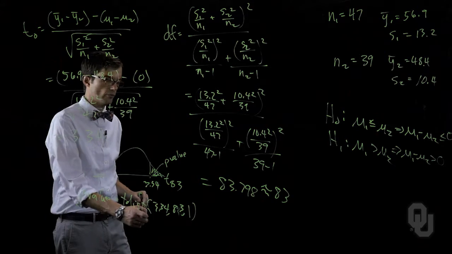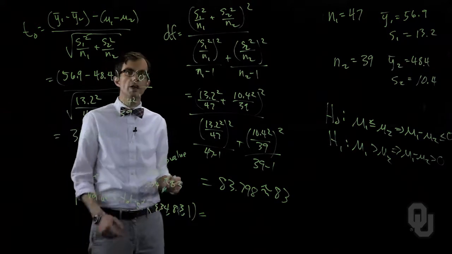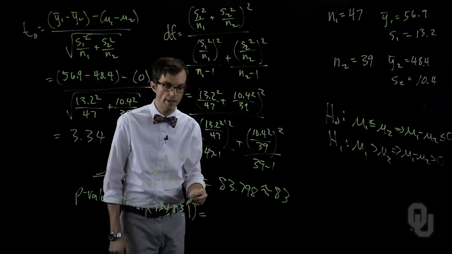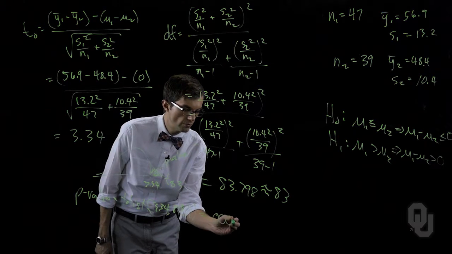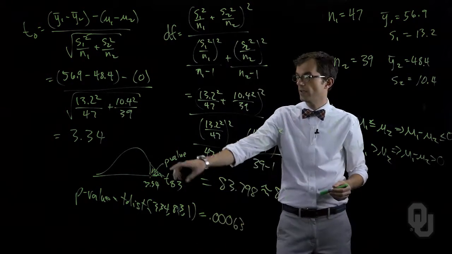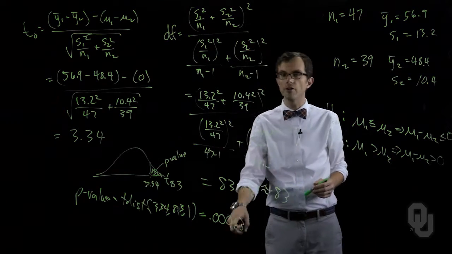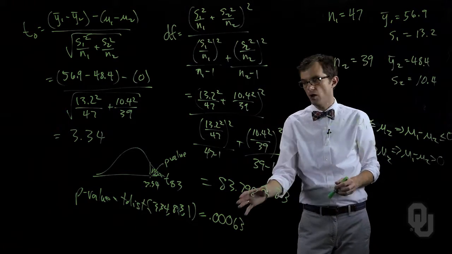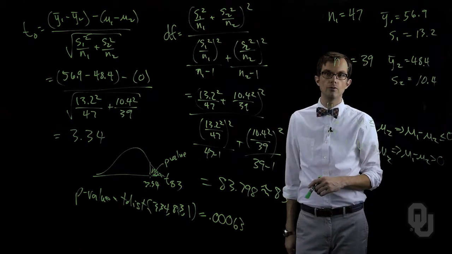So this is what we've told Excel, and Excel, in its great wisdom, is going to give us back 0.00063. This is the p-value associated with this test statistic. It's very small, smaller than any alpha that we might ever choose.